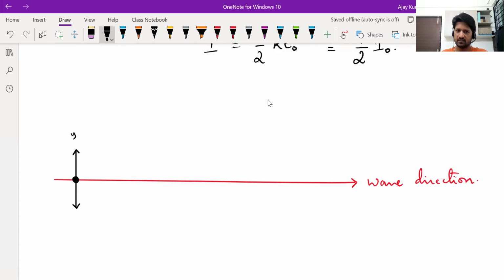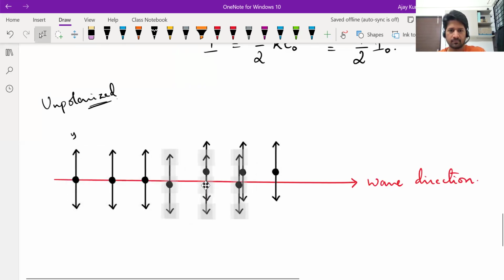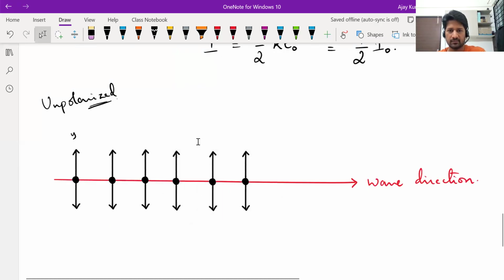Wave is going in the x direction. Electric fields are present in the y and z directions, means it is unpolarized light. That is how they denote unpolarized light in diagrams. Arrow indicates electric field in the y direction, and dot indicates electric field in the z direction, that is perpendicular to your screen. Right. So this light is unpolarized light.